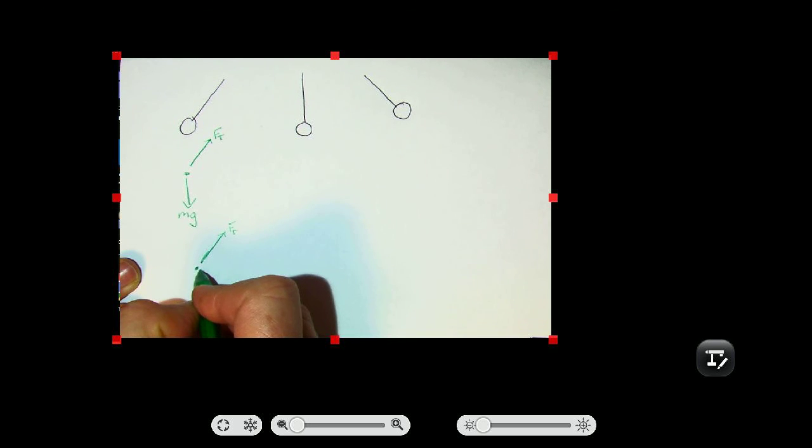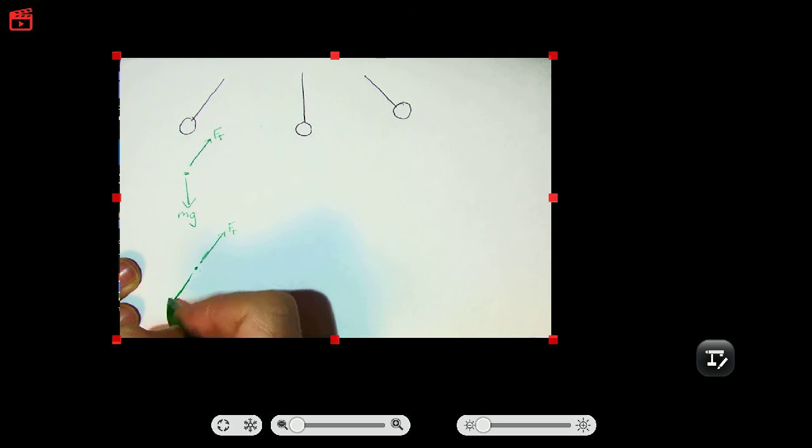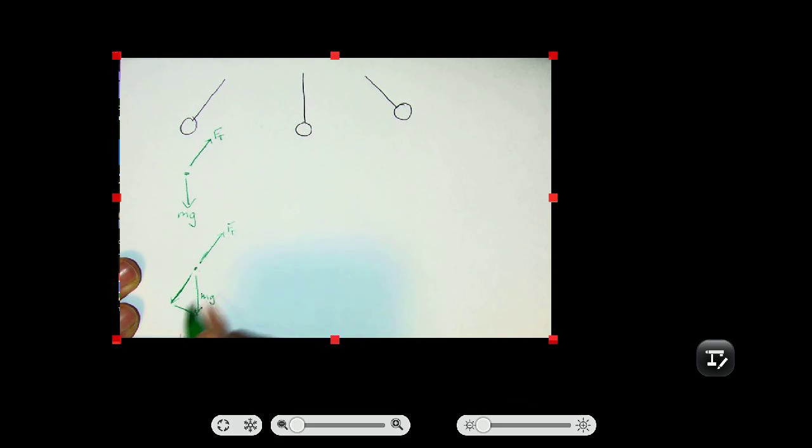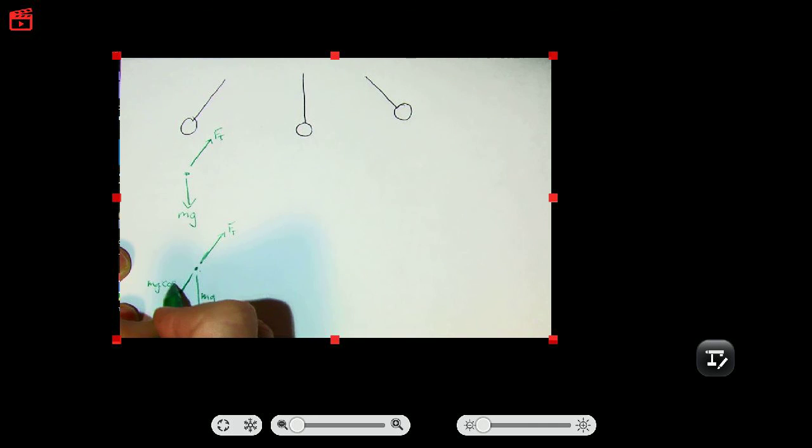I have a portion of my gravitational force going this way, and a portion going this way. I'm trying to make this triangle. This part is mg. This part right here is mg cosine theta, and this part is mg sine theta.